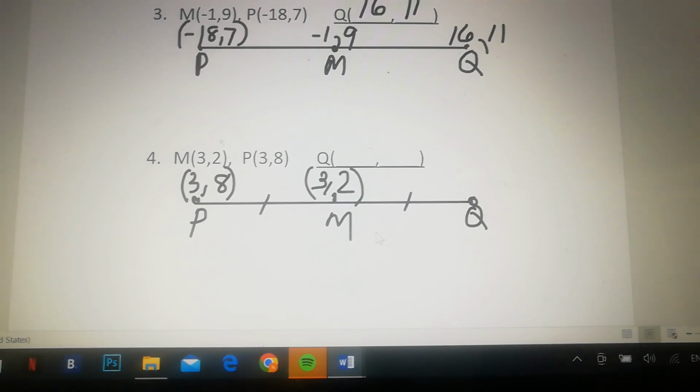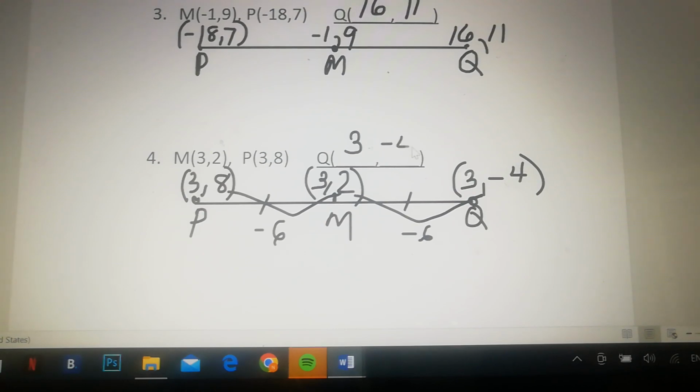Since there is no difference between the x coordinates, the x coordinate of point Q is also equal to 3. Next, for the y coordinate, 2 minus 8 is negative 6. So we add negative 6 to 2. 2 plus negative 6 is equal to negative 4. So the coordinate of the other endpoint is 3 and negative 4.